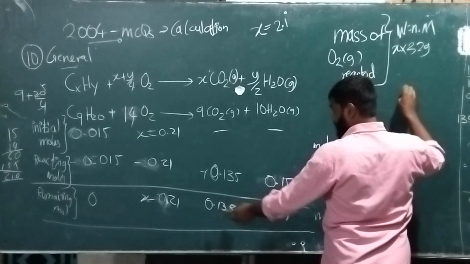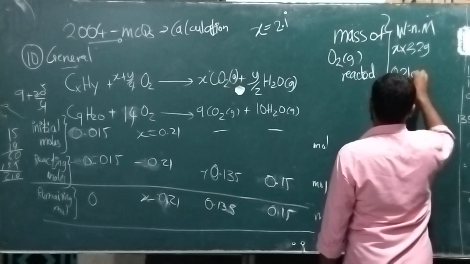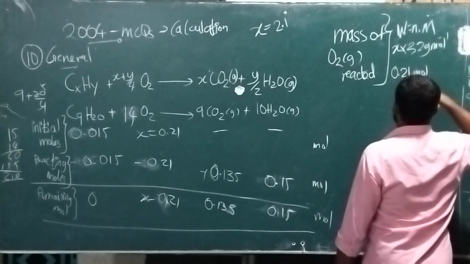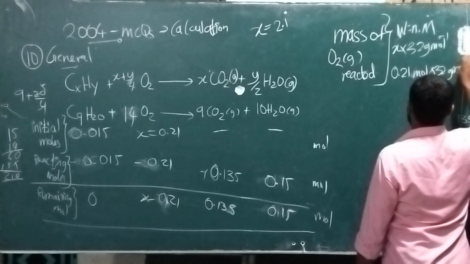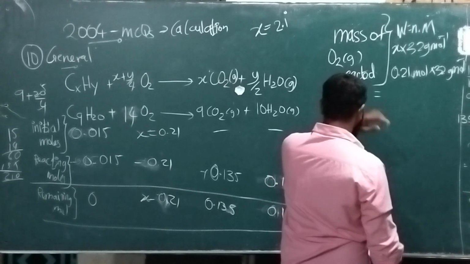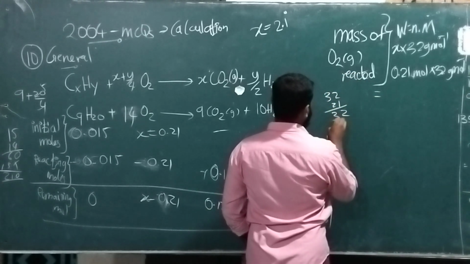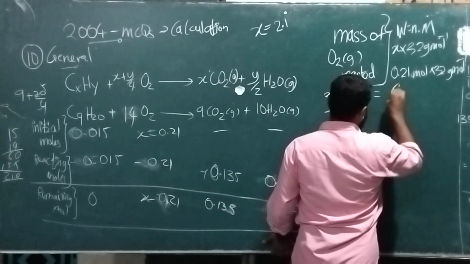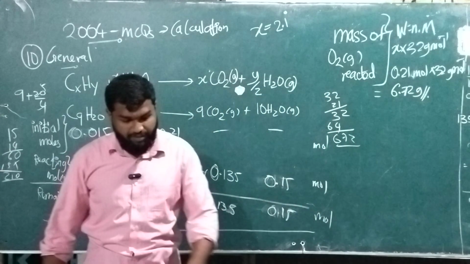So x is how much? You got 0.21. So 0.21 moles into 32 grams per mole, which is equal to 32 times 21, which gives 672. So you will get 6.72 grams of oxygen reacted here.